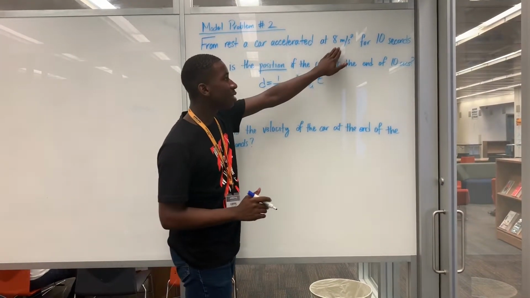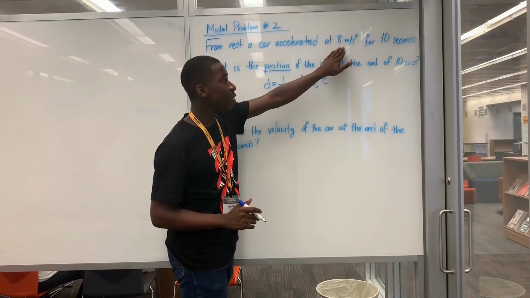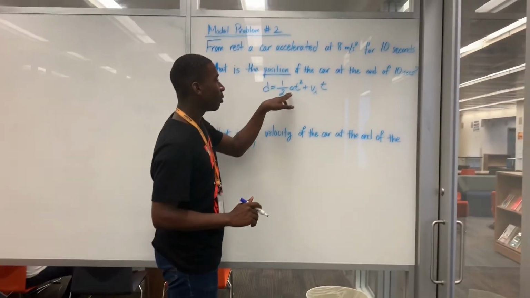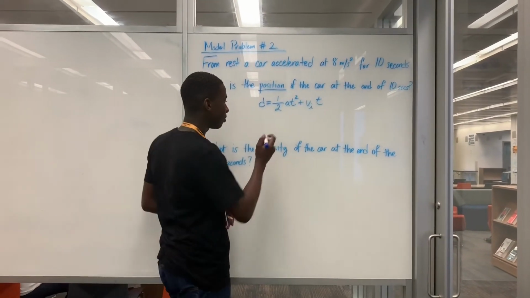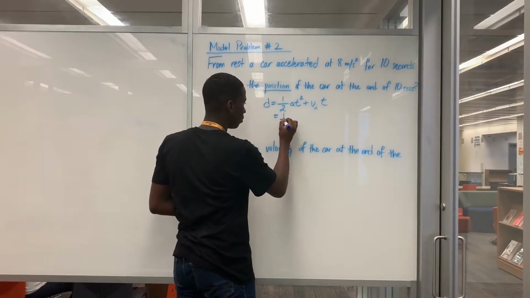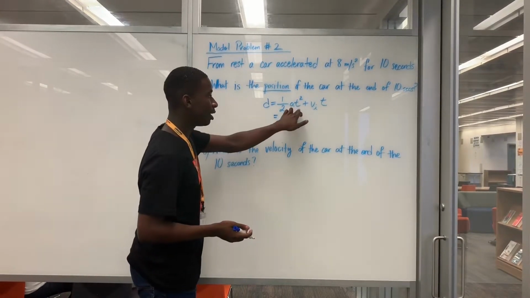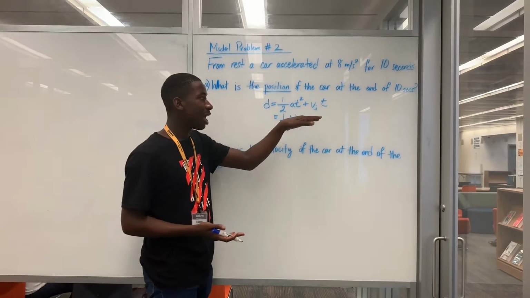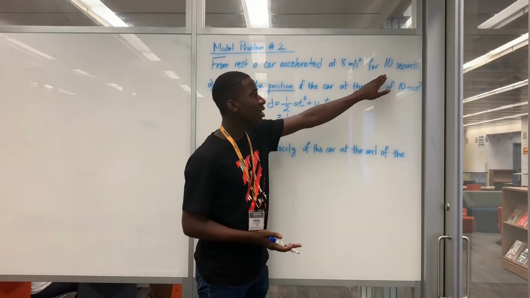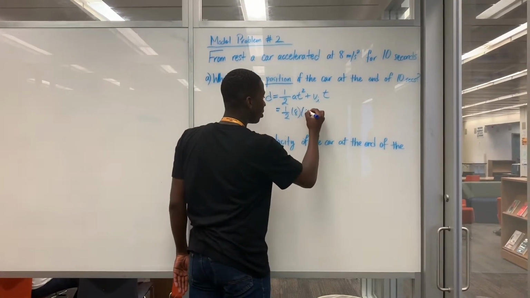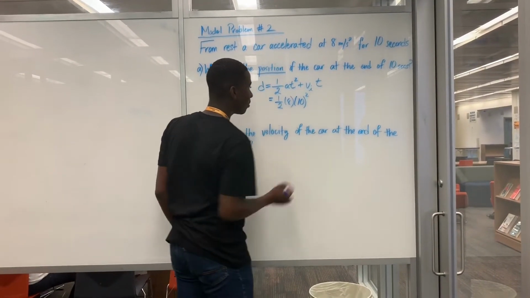The question tells us that it accelerated at 8 meters per second squared. So I know that wherever I see a, I'll put 8. Now t. T simply stands for time. How long did it take the car? Took them 10 seconds. So we're gonna put 10 where we see t, right?